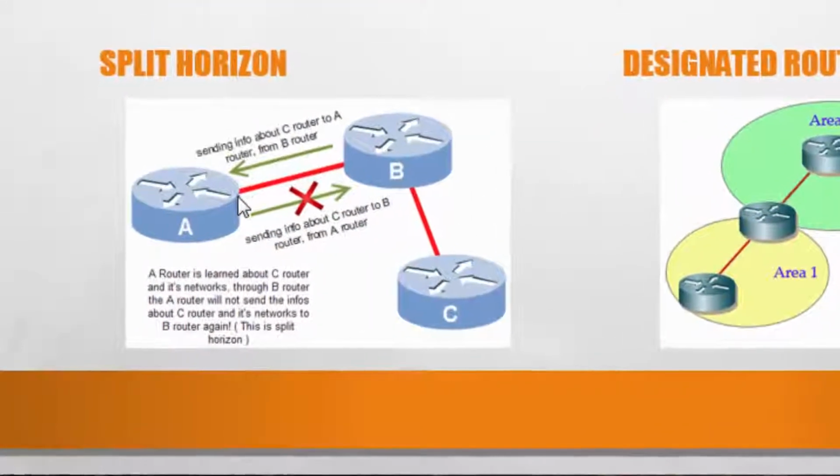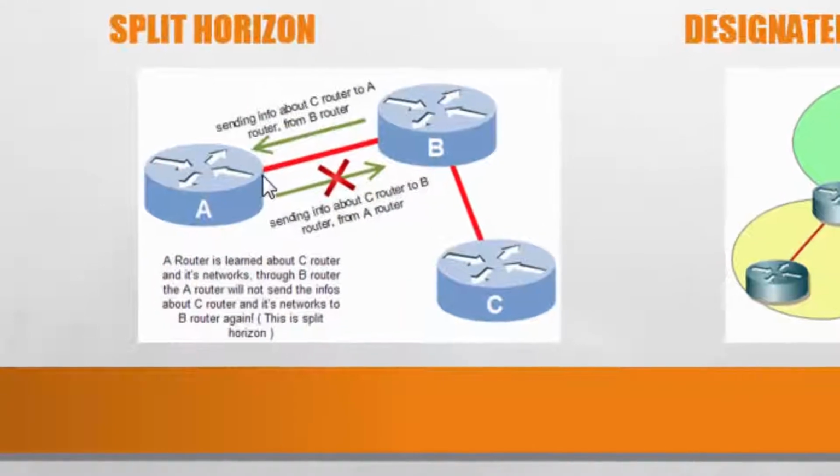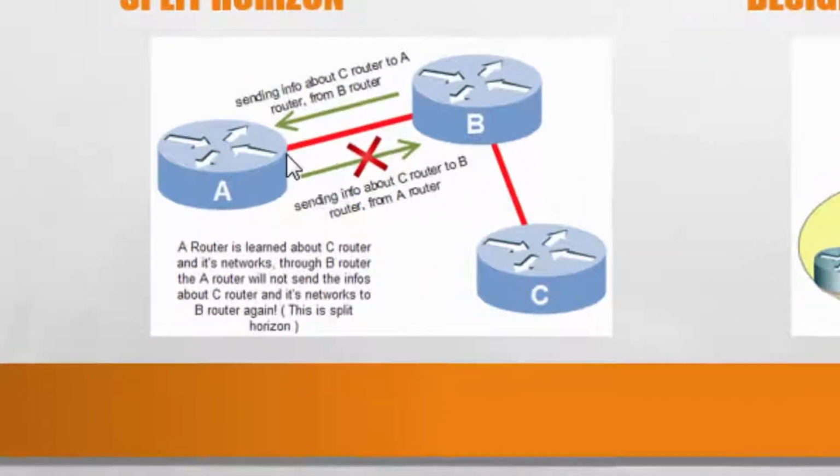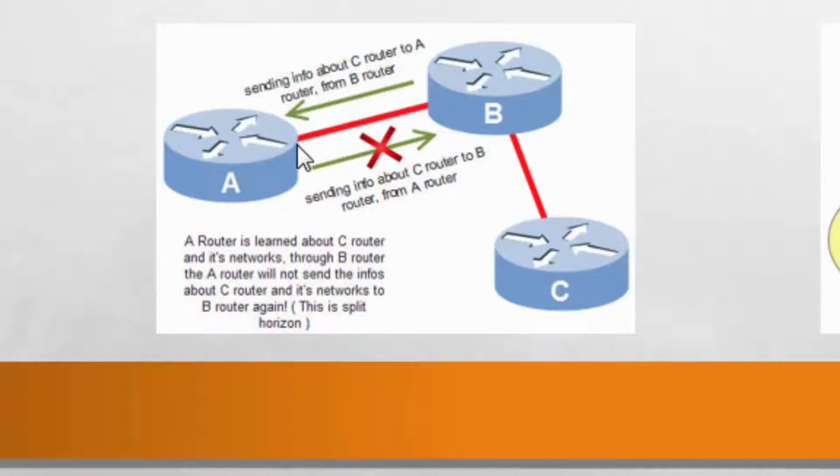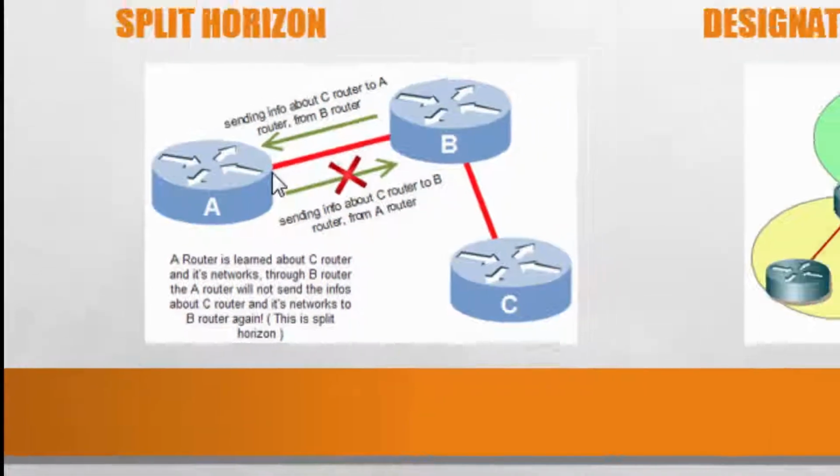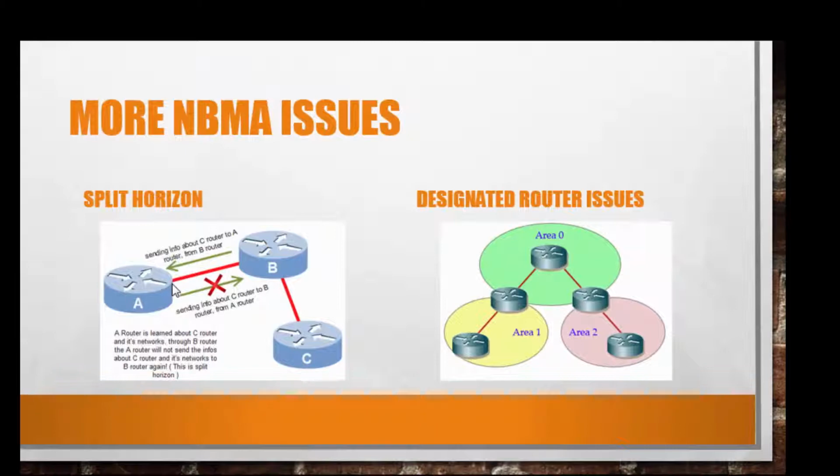Router A learns that through the interface F0/0 that you have on your router, but it cannot send information back to router B about router C directly from that interface. So you're going to have some issues preventing router A from advertising specifically to router C. So when you build your three routers on eBay, you know that there is a problem with the configuration, and you don't need to be pulling your hair.